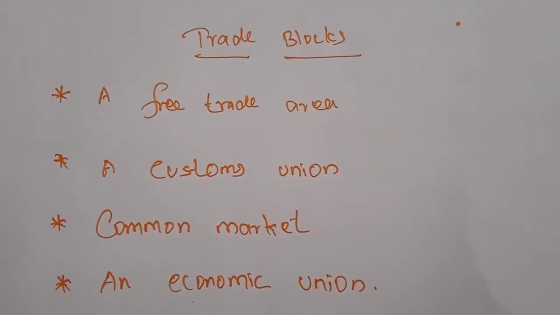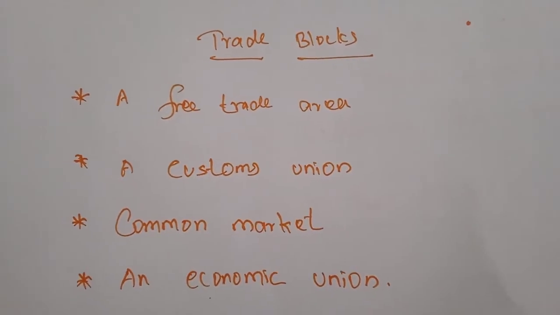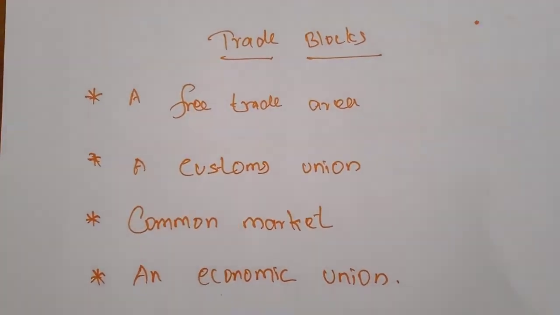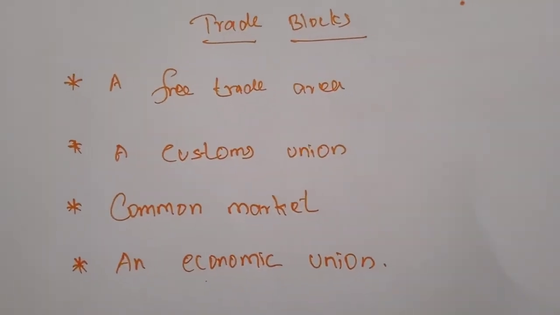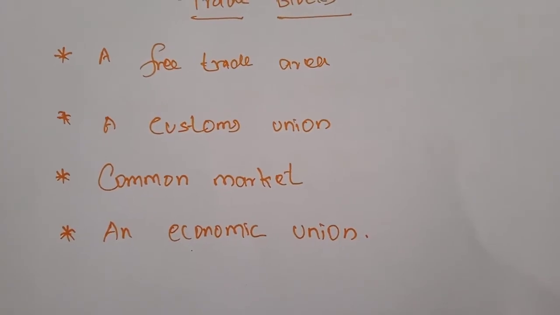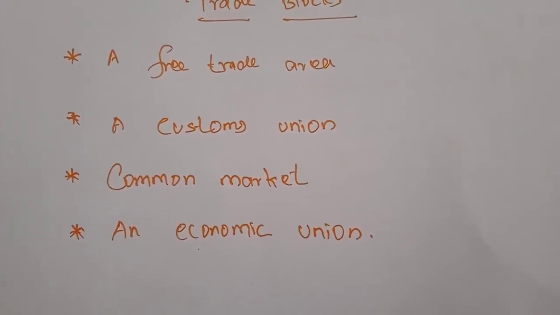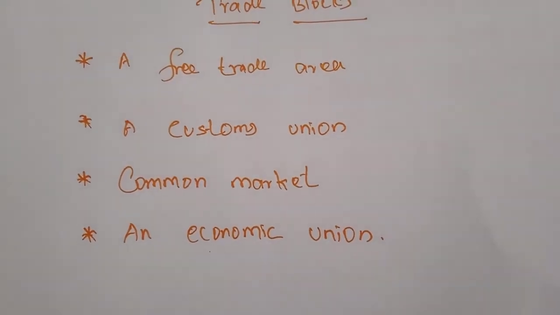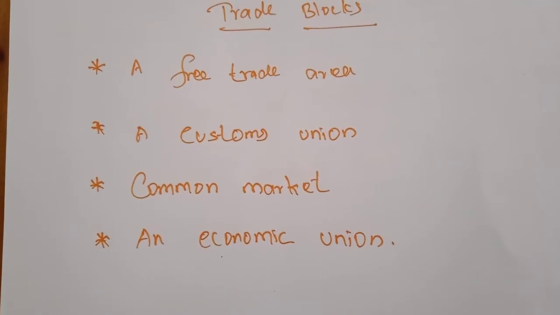When the countries sign this free trade agreement, the trade barriers are removed. So all the nations have the power to trade among the nations. Such agreements involve cooperation between at least two countries to reduce trade barriers.